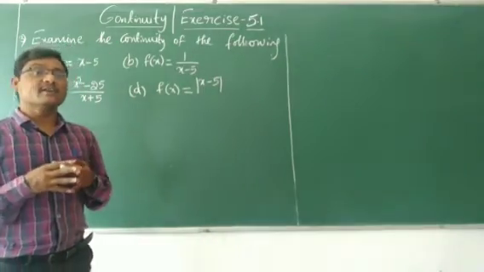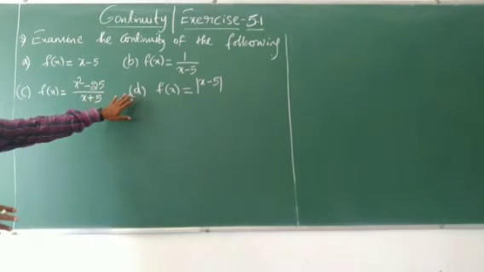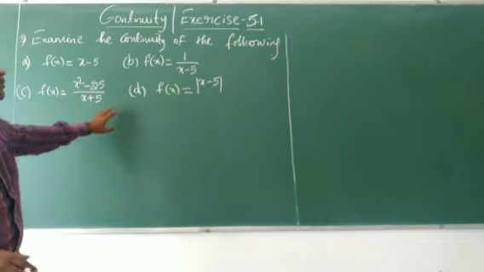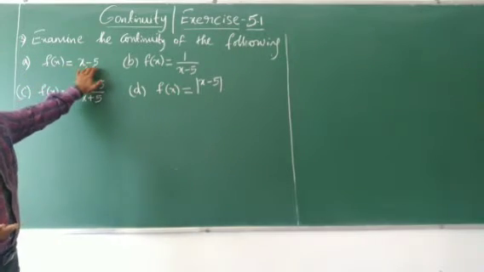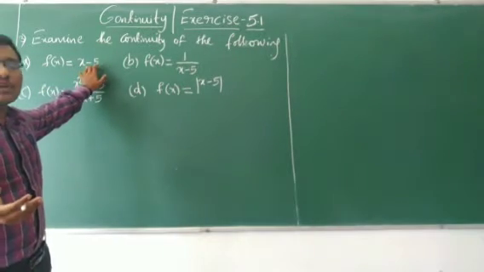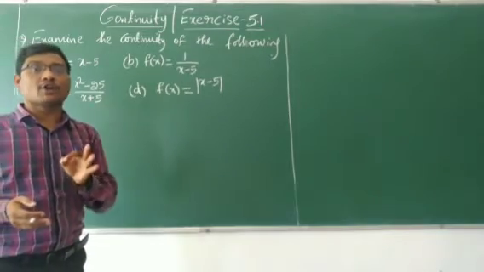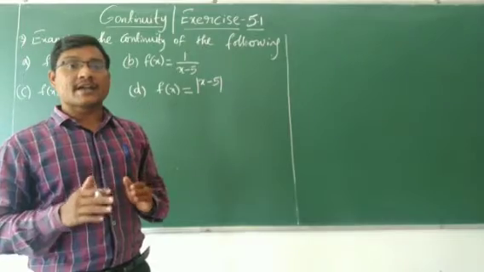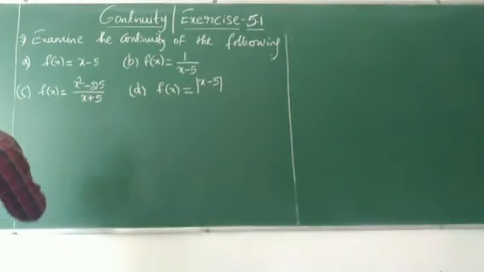You have to consider the domain of this function. So you have to verify the continuity in the entire domain. Here f of x is a polynomial function. For polynomial function, the domain will be equal to R. So you have to verify the continuity in the entire domain.